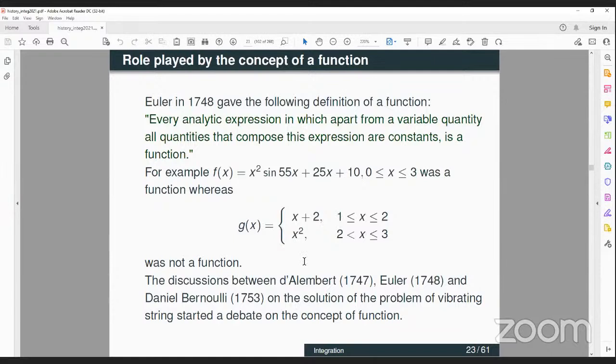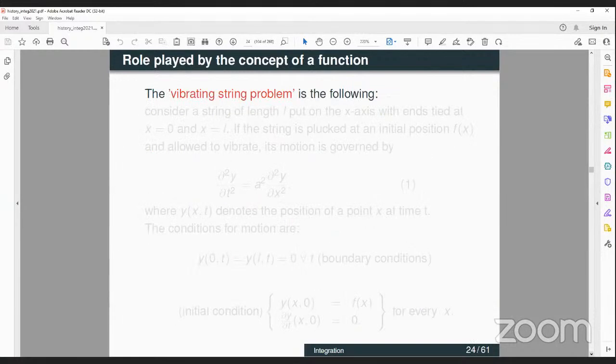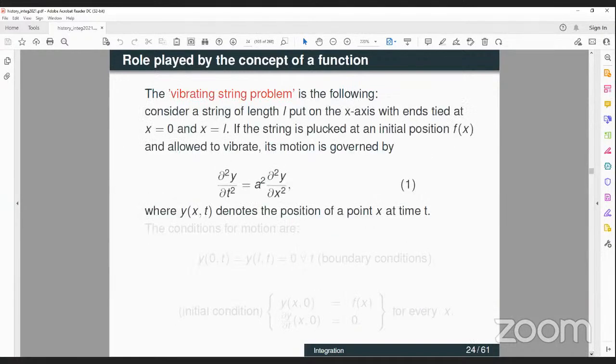This debate about what should be called a function started with the problem of the vibrating string, which was being analyzed by mathematicians. So what is the vibrating string problem?